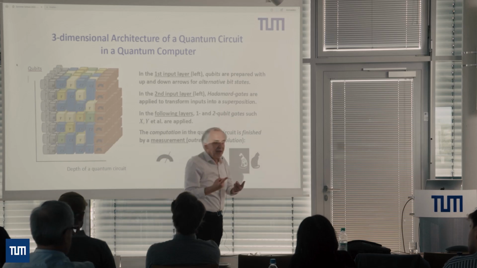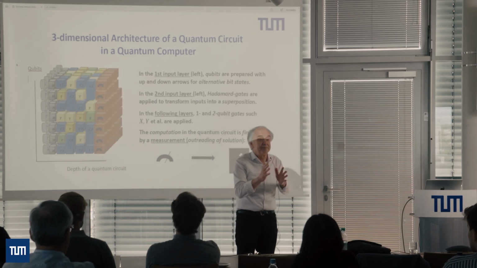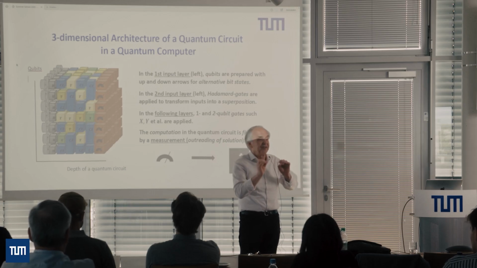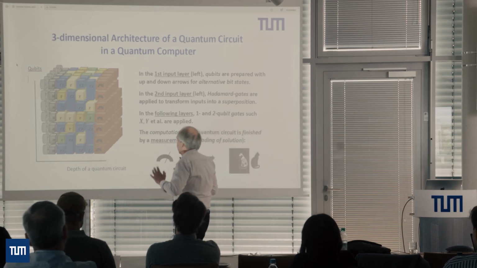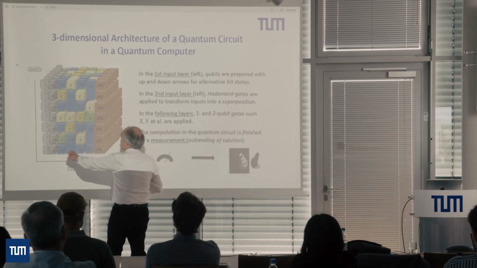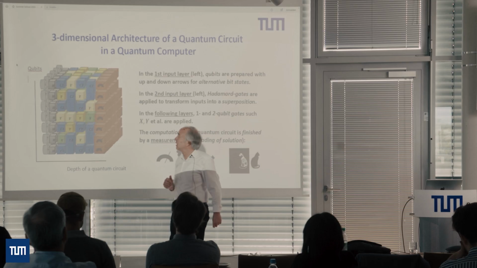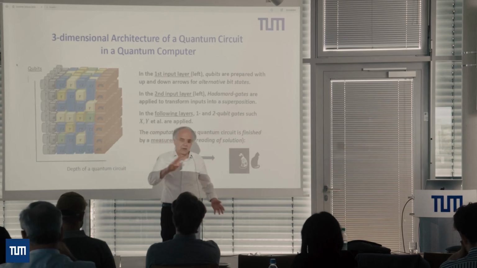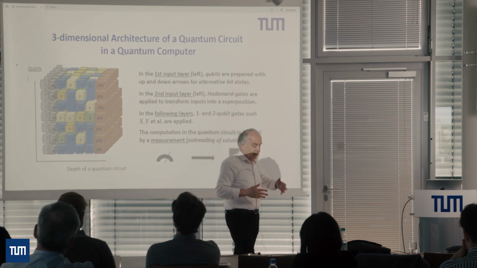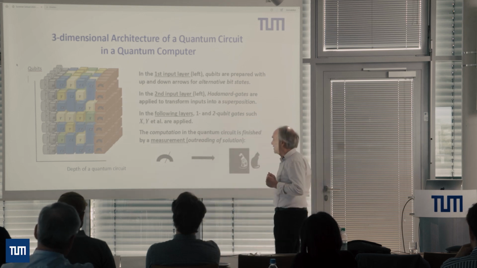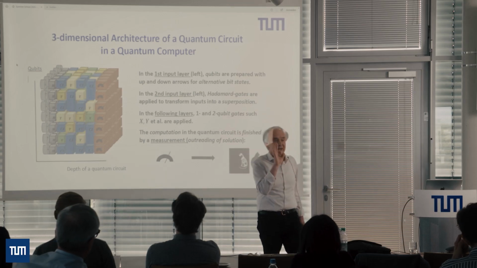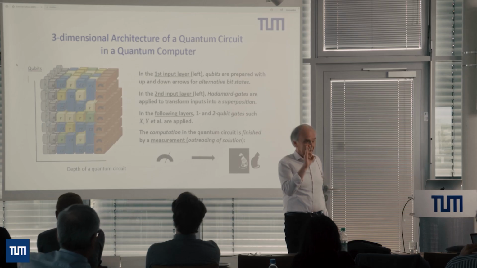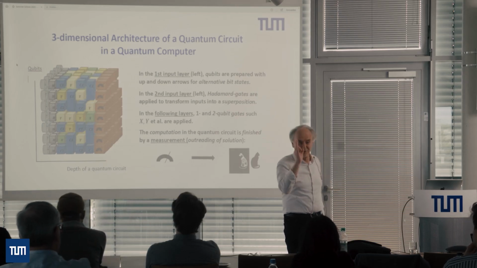And remember, the Hadamard operator generates superposition, because we want to use the advantages of the acceleration of computing with superposition. So at first translated into superpositions. And then in the next layer, all the other operators and corresponding quantum gates are realized, which are necessary to construct a certain quantum algorithm. But the crucial point is, what you get in the end is a superposition. Again, you start with a superposition and you end with a superposition.